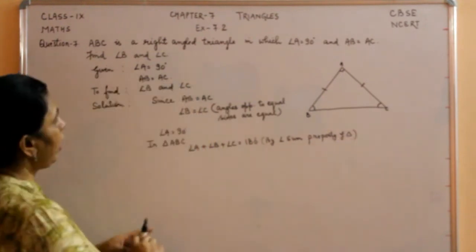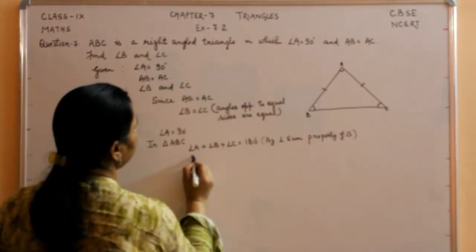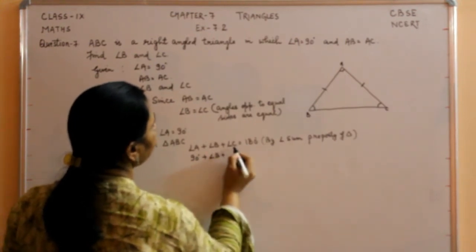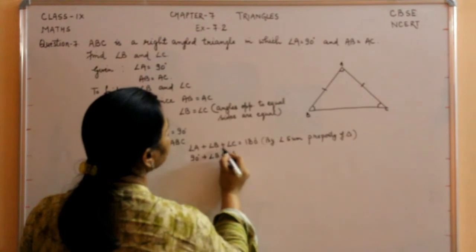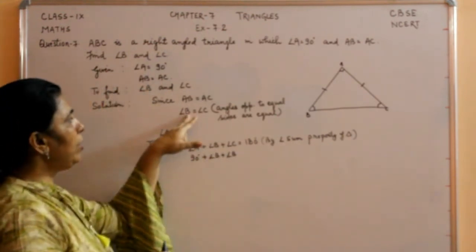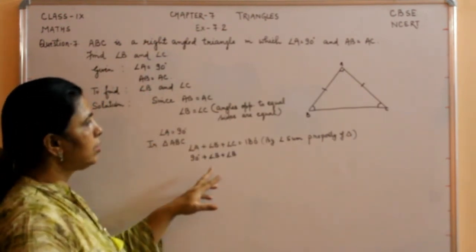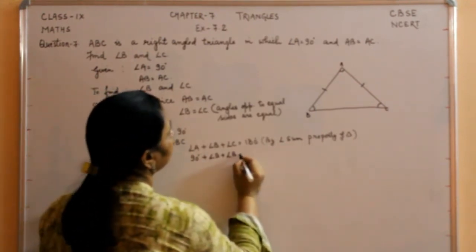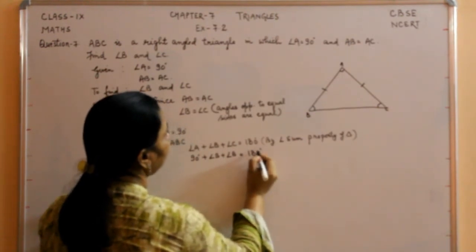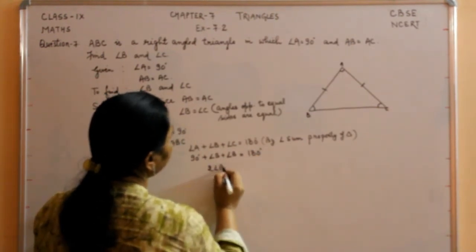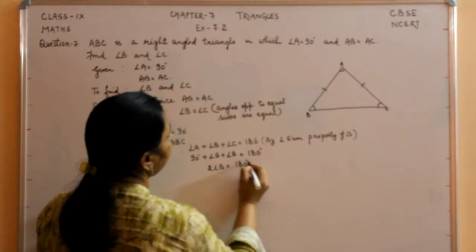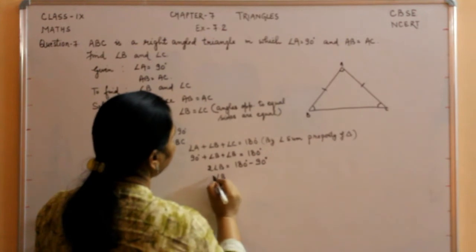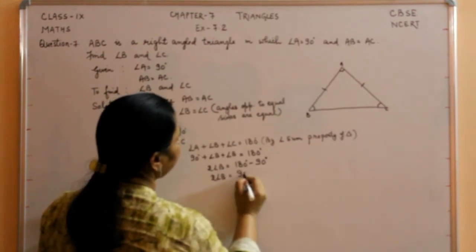Now angle A is 90 degree, angle B we don't know, and in place of angle C we can write angle B because these two are equal. Angle B is equal to angle C because this is an isosceles triangle. So we can write angle B in place of angle C, and it is equal to 180 degree. So 2 times angle B will be equal to 180 minus 90. 2 times angle B is equal to 90 degree.